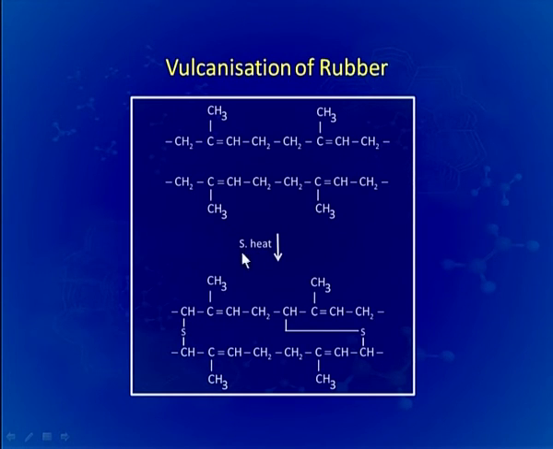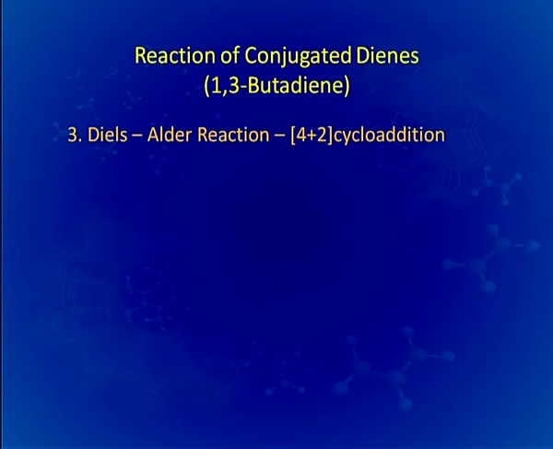It is the percentage of sulfur and the temperature which govern the strength of the rubber formed. These cross links make the rubber very hard, since independent chains are now locked together to form a giant single molecule.